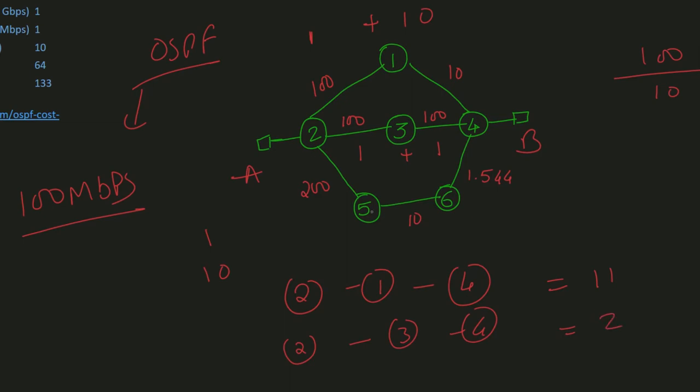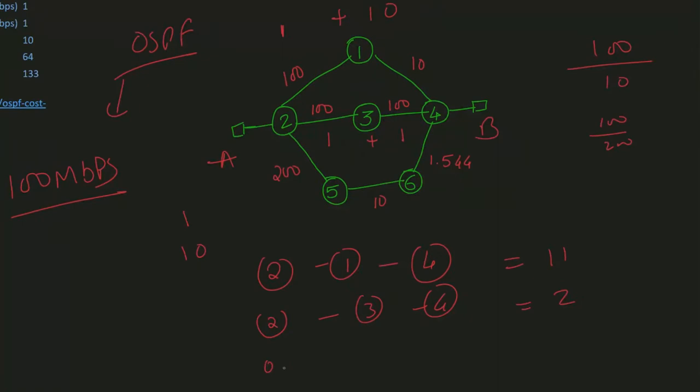And then we have 200 Mbps, then 10, and then 1.544. So if we calculate 200 Mbps, we divide 100 by 200, it will be 0.5. So we have 2 to 5 to 6 to 4.